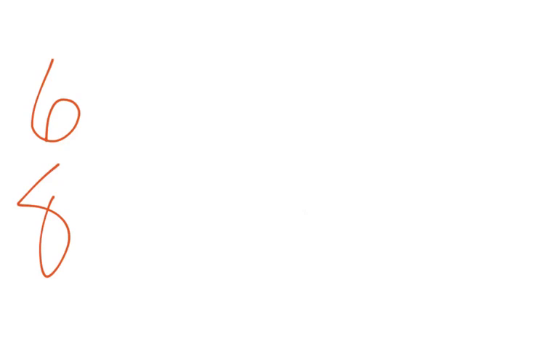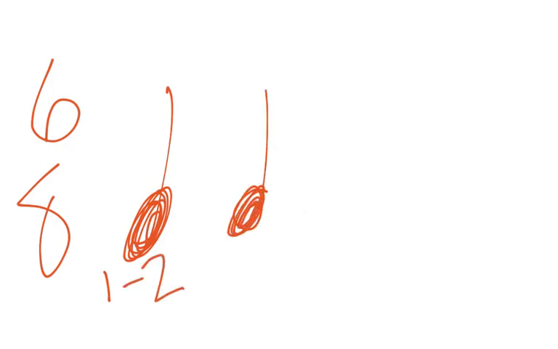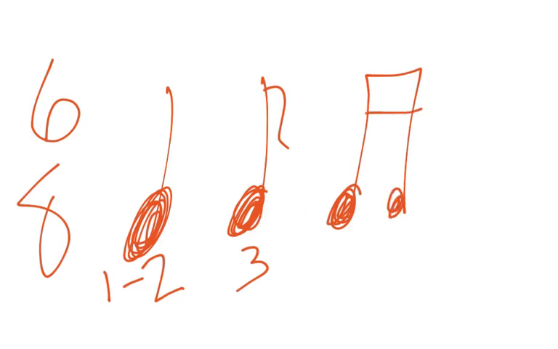So in one measure of 6/8, a quarter note here would be 1-2, an eighth note here would be 1 beat, so here we'll label it 3, and then 2 16th notes would be 4, and another quarter note would make this one full measure.